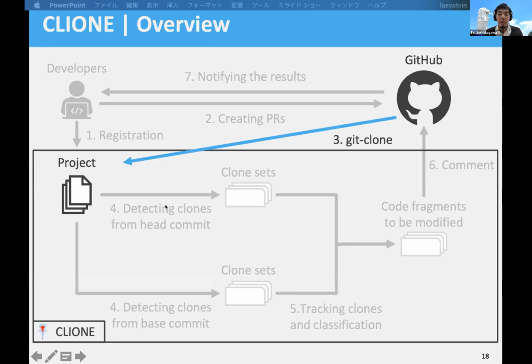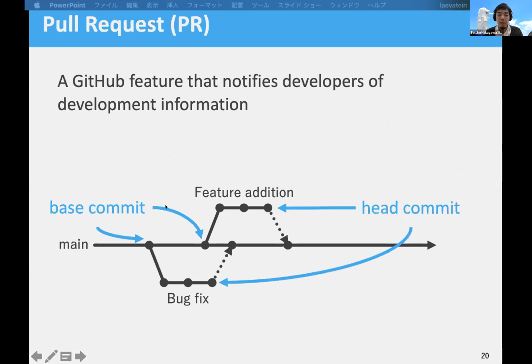When the developer creates a PR, CLIONE downloads the project by git clone. Next, CLIONE detects clone sets from the head commit and the base commit of the PR, respectively. In this example, the head commits are here and here, and the base commits are here and here.